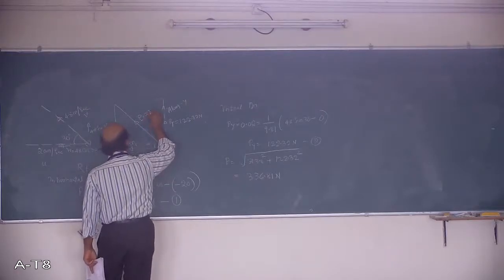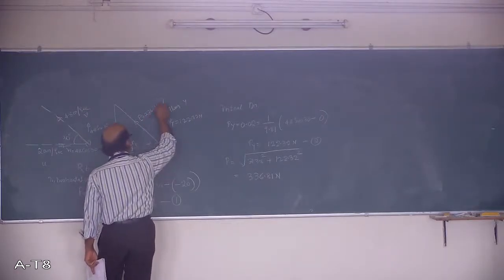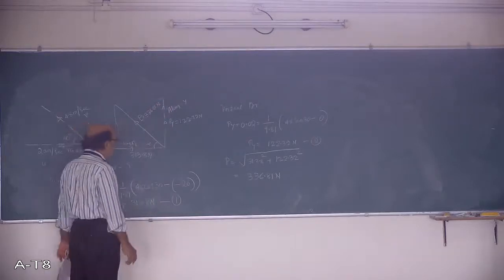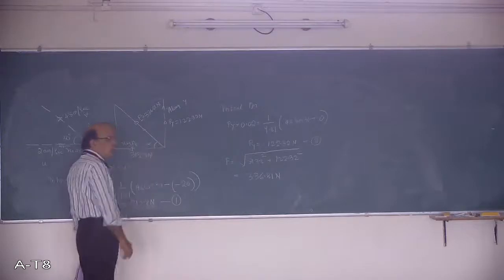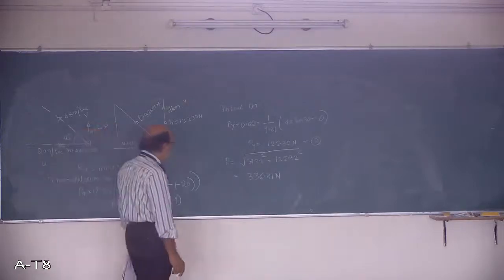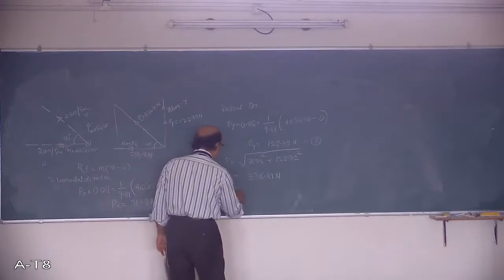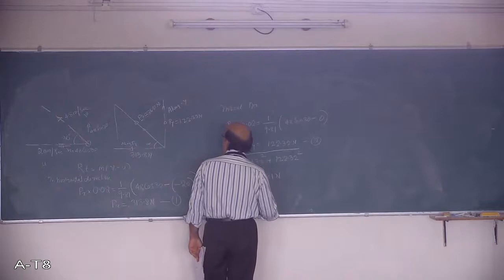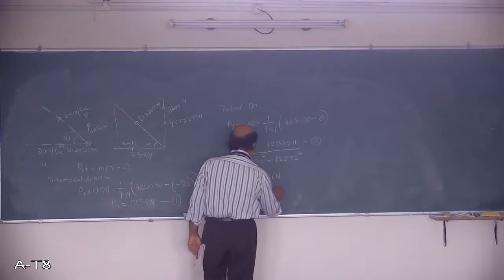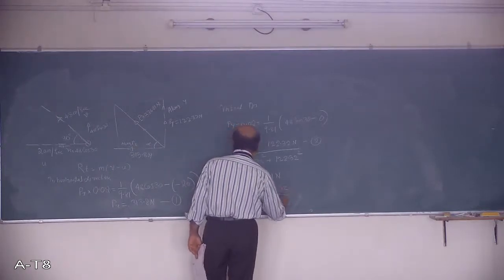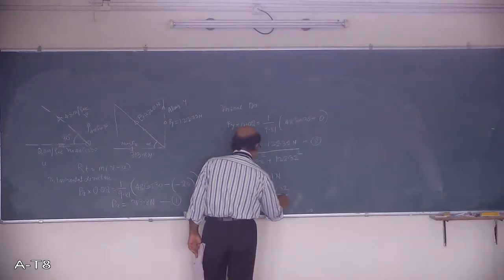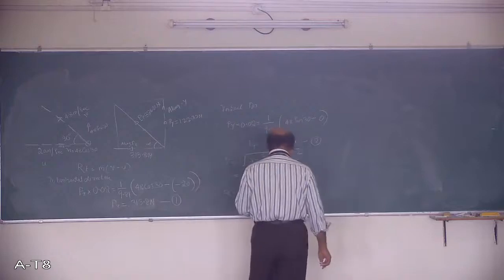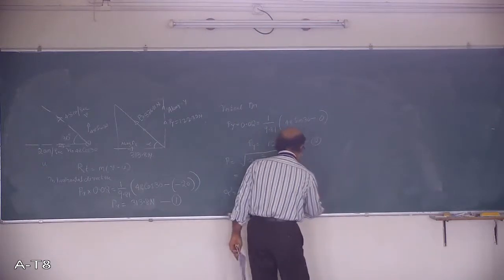What is that direction? I have to work out that also. What is the angle of the bat so that it hits on that? You can get it. Alpha is equal to tan inverse of Py upon Px, 122.32 by 313.81. We will get 21.3.